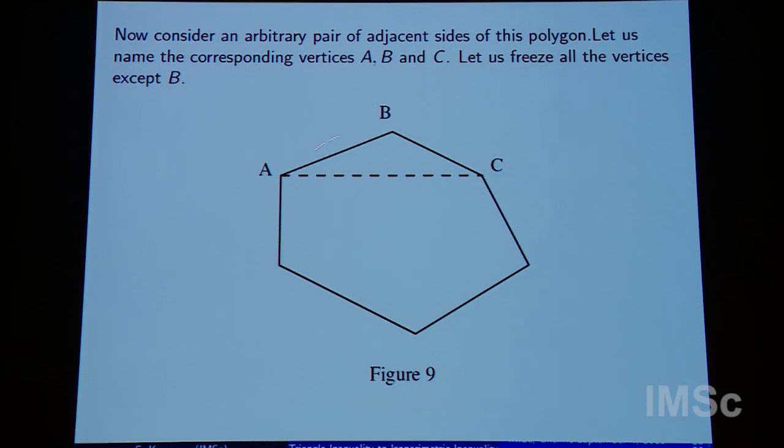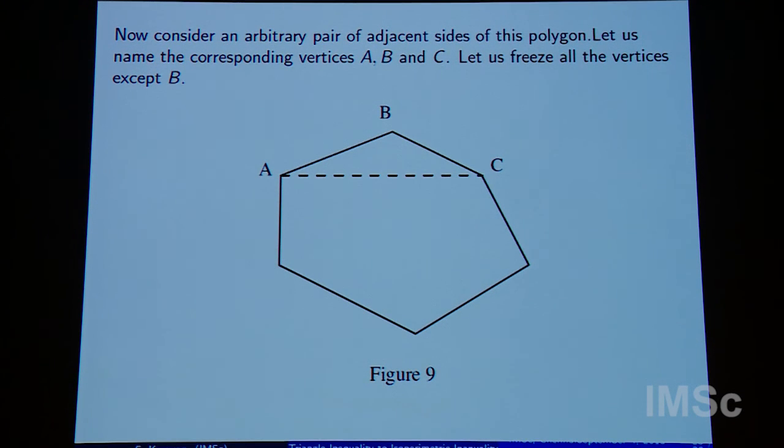So AB plus BC must still be a constant, so that the total perimeter is not changed. I am just moving this vertex B to create new polygons. Other vertices of the optimal polygon are frozen. So this alone is allowed to move, and in such a way that AB plus BC does not change, and therefore the total perimeter is still the same.